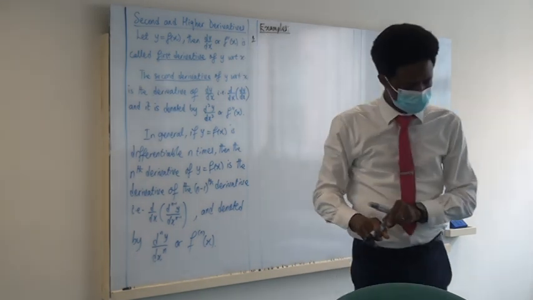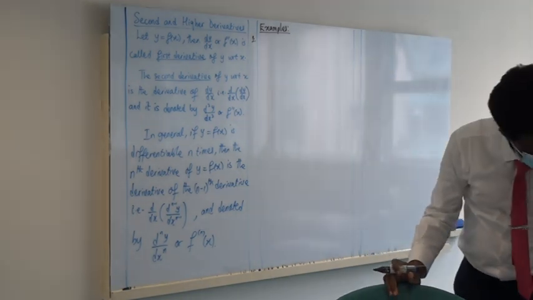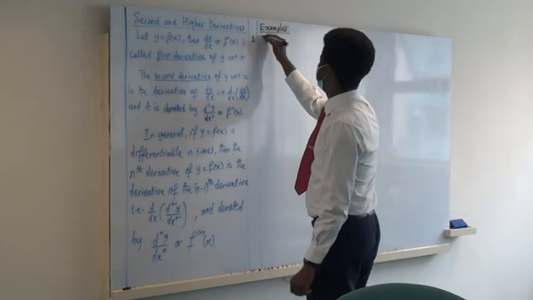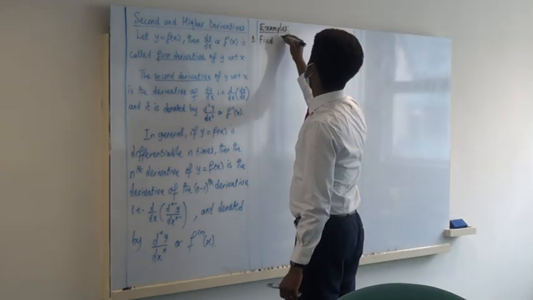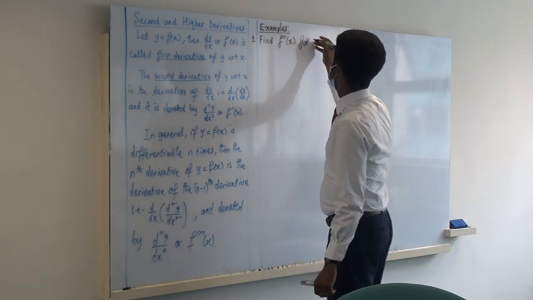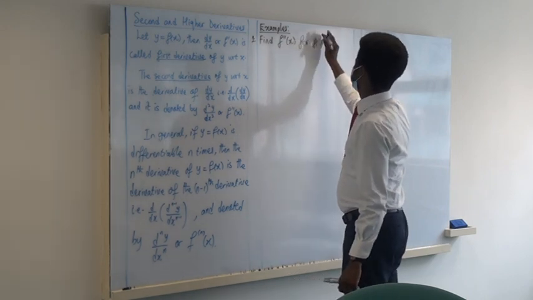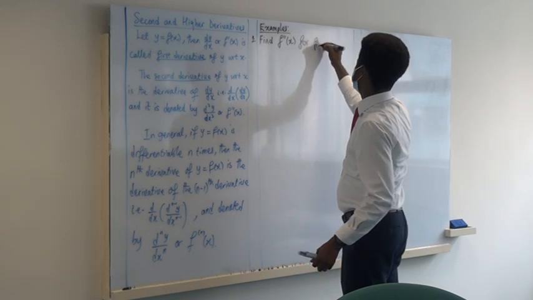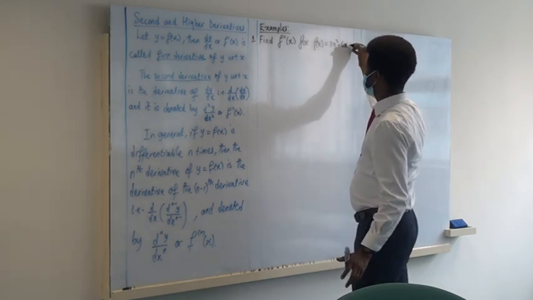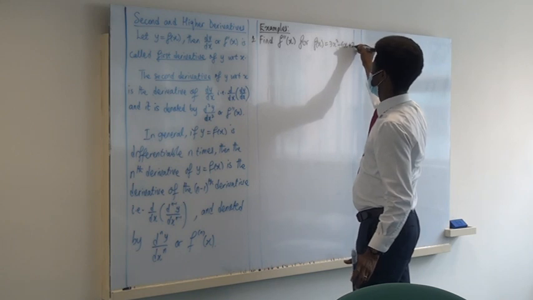Let's take, find the second derivative of, give me the first one. f of x equals 3x squared minus 6x plus 2.